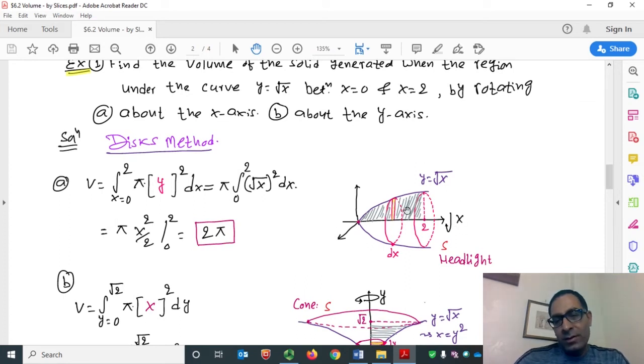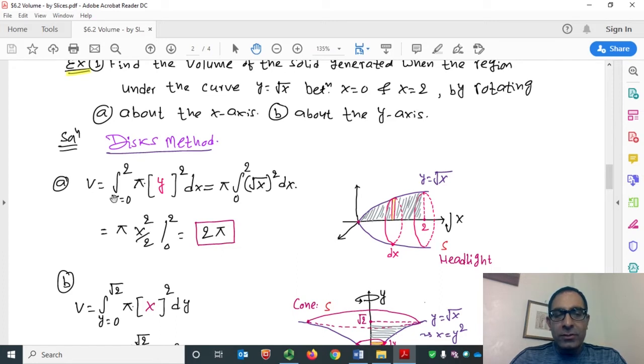Then take a stripe and swing this stripe around the x-axis. This generates a circular disc, and the same way a circular disc here and here. So we are stacking circular discs. The solid looks to me like a headlight shape, or a vessel shape. Awesome. So then let's use our disk method.